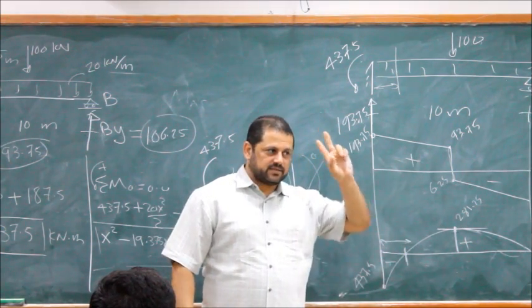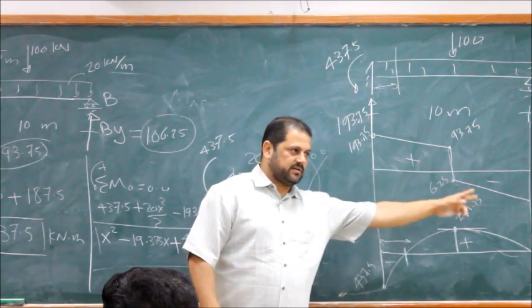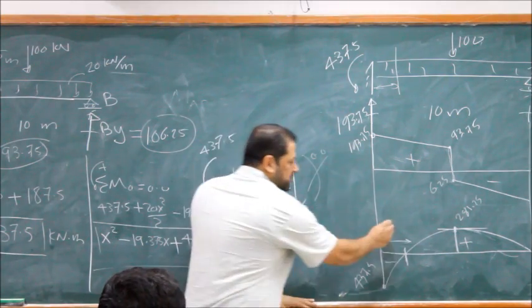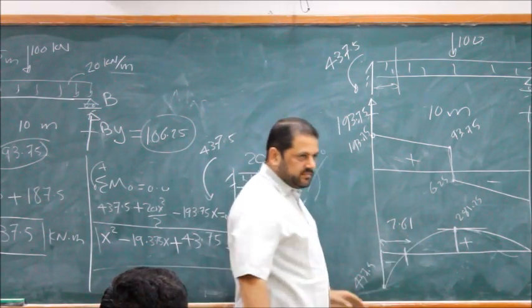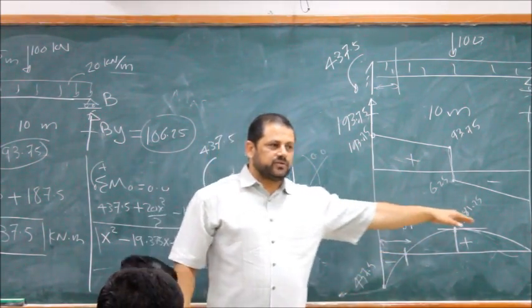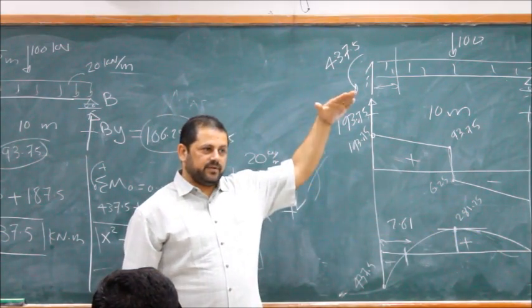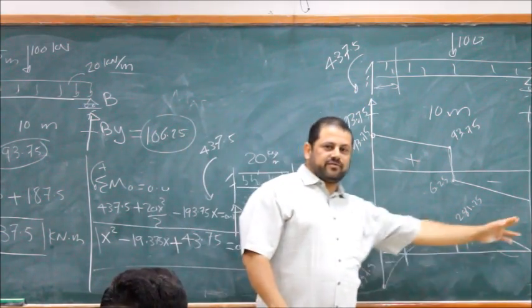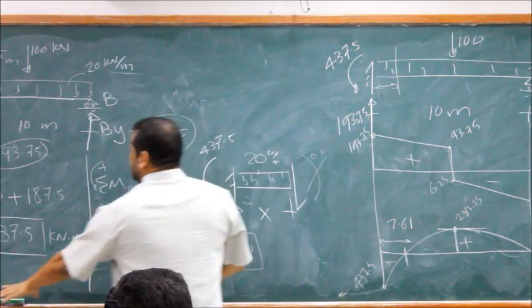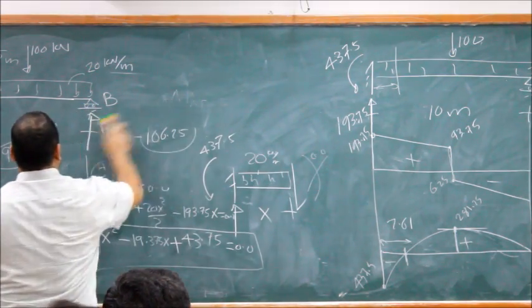Sometimes you have two answers, so it gives you both answers. Is it 2.61? In 2.61 the beam should have reinforcement at the top, and after that the reinforcement should be at the bottom.